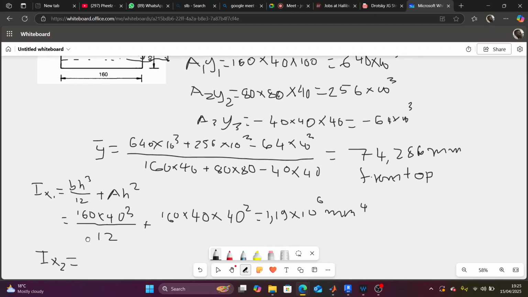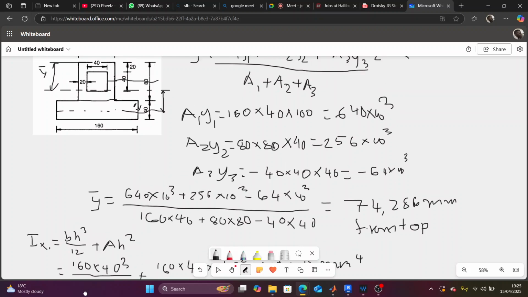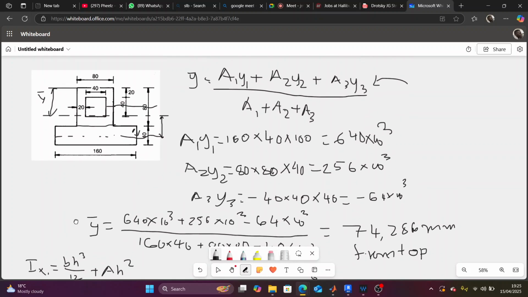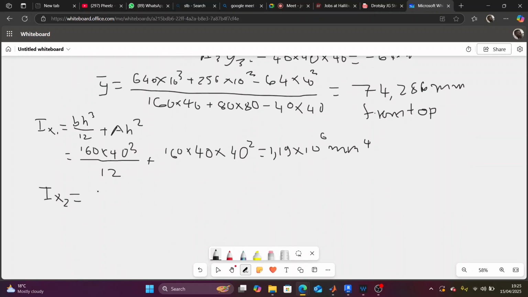So first of all, what is the base and what is the height? This thing is 80, right? So it is 80 times 80 to the 3 divided by 12. Plus, what is the area? 80 times 80, right?